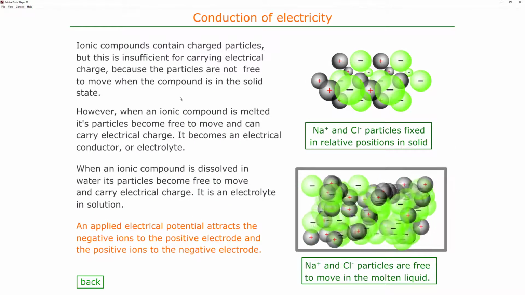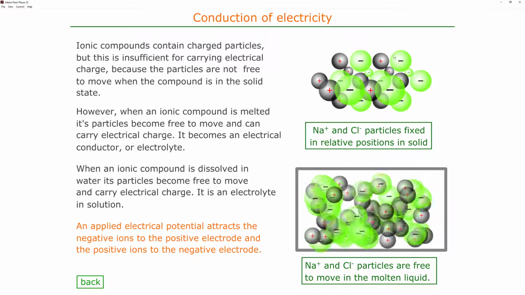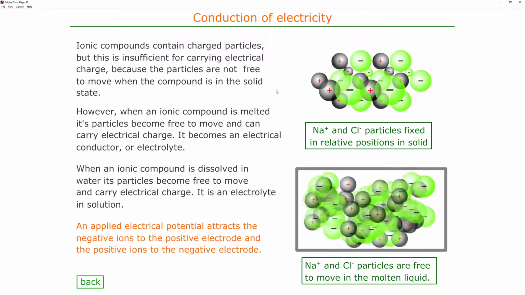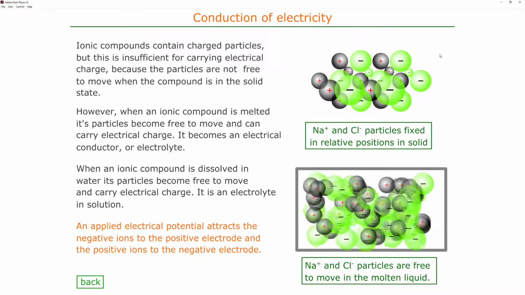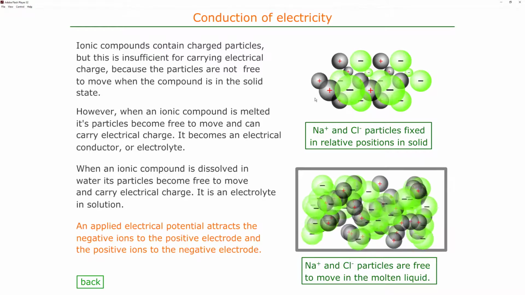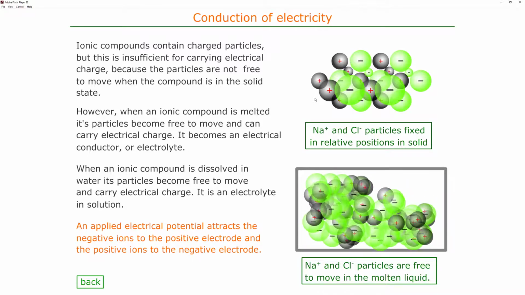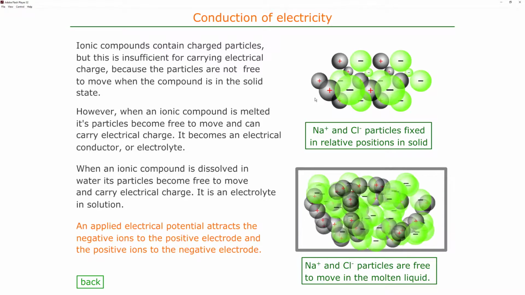And the final property of ionic materials is the fact that they're good electrical conductors when they are molten, but they do not conduct when they're in the solid form. For something to be able to conduct electricity, we have to have charged particles that are free to move. Clearly there are plenty of charged particles in the ionic crystal, but they're not free to move. They're all held strongly in fixed positions or vibrating about the same position in the solid.